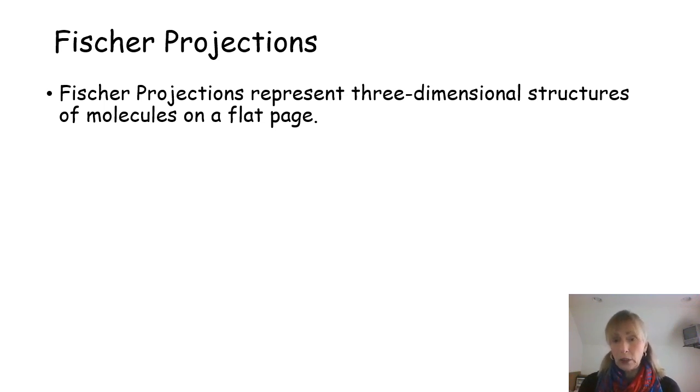It had dimension. When we draw it on the paper, when we read about it in a book, it is flat on a page, but we know in reality that it's 3-dimensional. So we have some bonds going behind the plane of the paper, right? And some coming out at us, some in the plane of the paper.